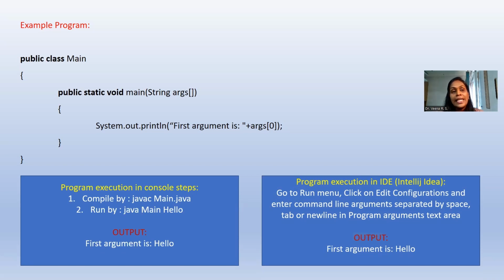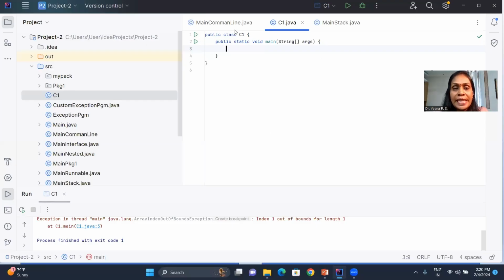Before we start writing lab program number 1, that is the addition of 2 matrices, let us execute this program in Eclipse or any of the IDEs and see how command line arguments can be passed. So I'll just take you to IntelliJ. Here I have created a class named C1, which contains the public static void main method, and here args is a variable. This variable will act as the command line argument, which is of type array of String.